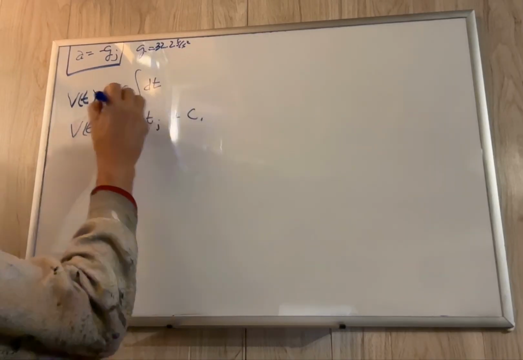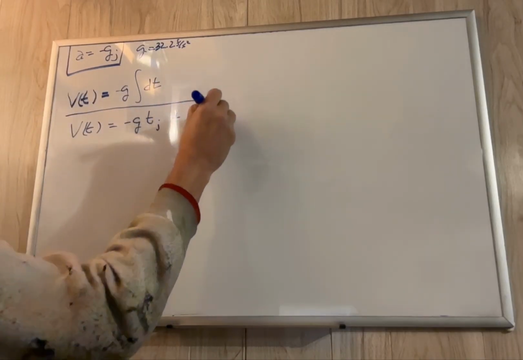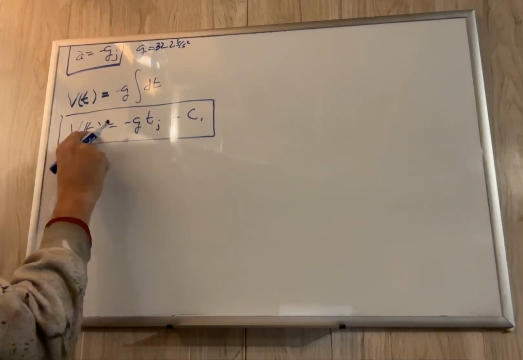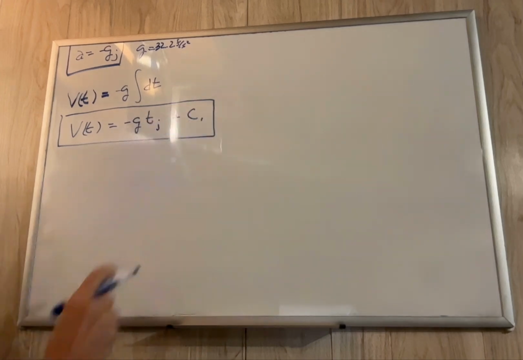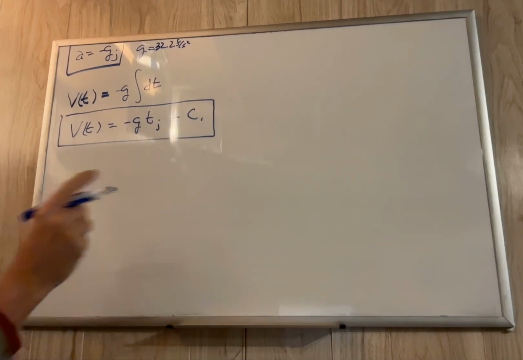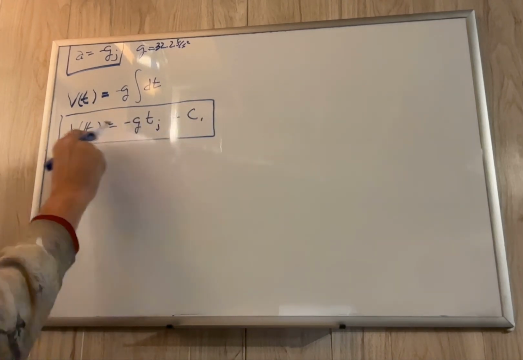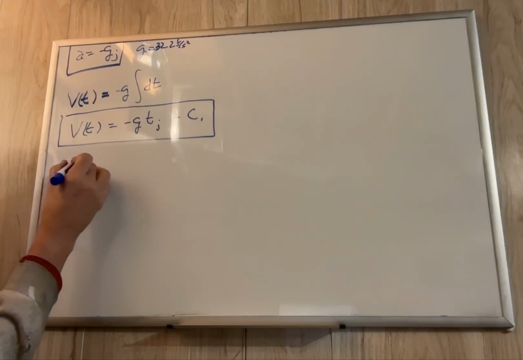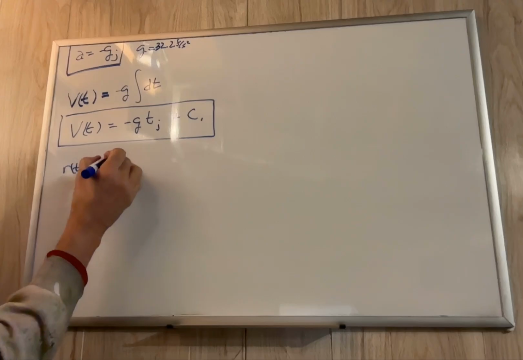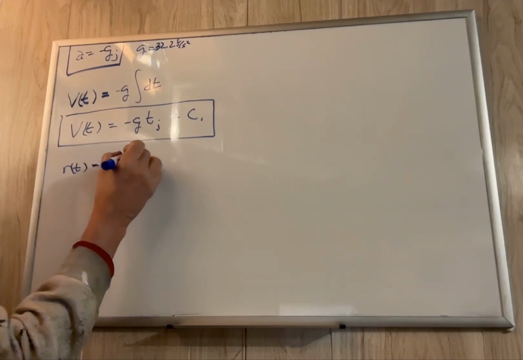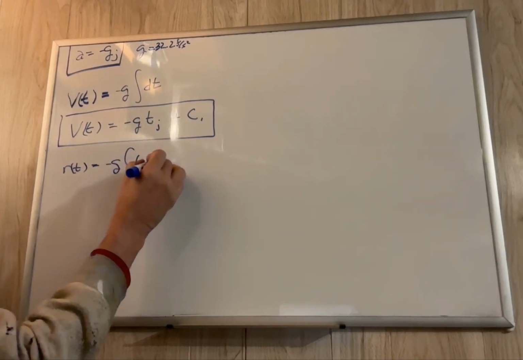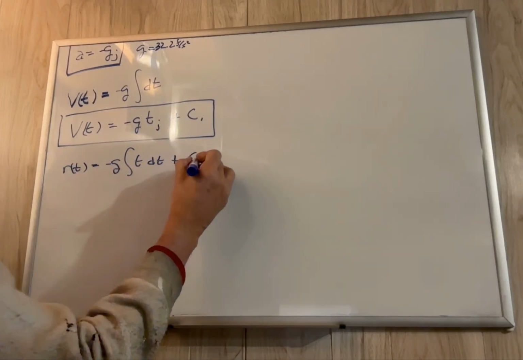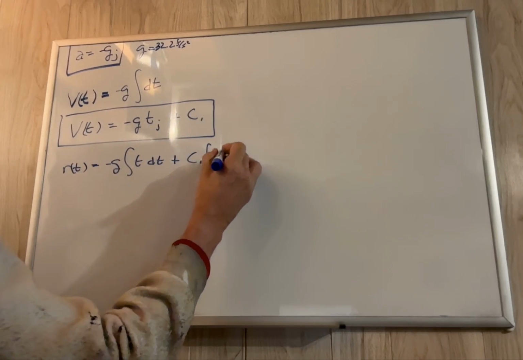All right, there's a very rudimentary equation of what velocity would look like. We have time, we have space, but we don't have anything with direction. So let's take the integral of this and we'll get our position. So r of t is going to be equal to the integral. We can pull that g out again. The integral of t dt, plus, since it's a constant, we can pull c1 out, integral dt.